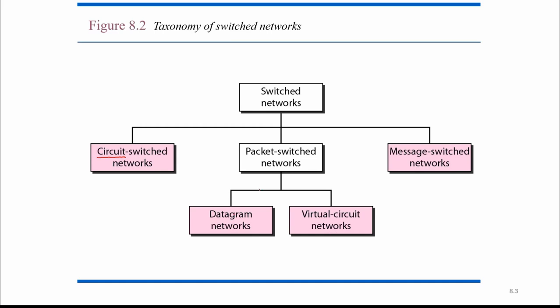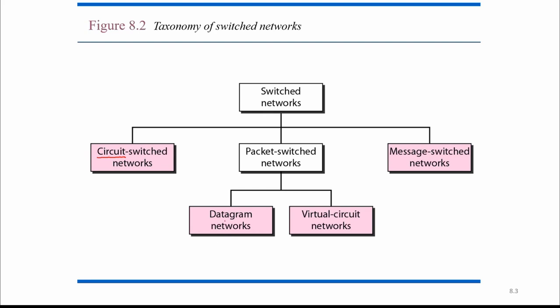In datagram, as it is packet switched, the basic difference between circuit switch and packet switch is that the message that needs to be sent from the source to the destination will be converted into different smaller packets. The transmission of those packets from source to destination takes place using a datagram network, meaning these packets will be considered as datagrams.